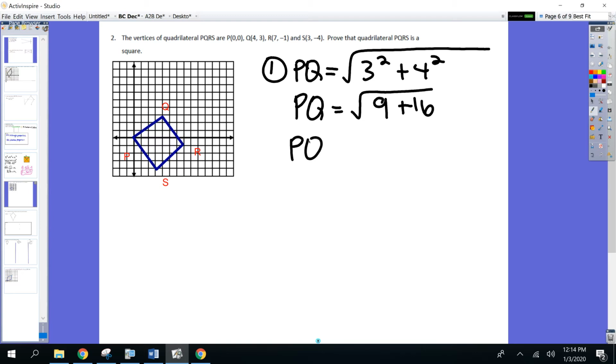We're getting down to the square root of 25, which is also known as 5.